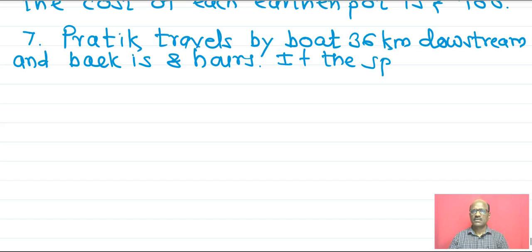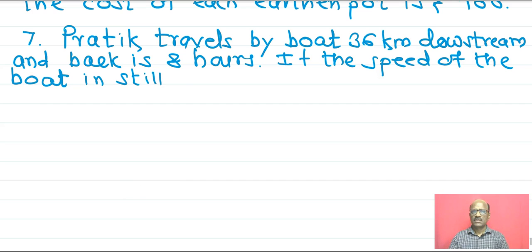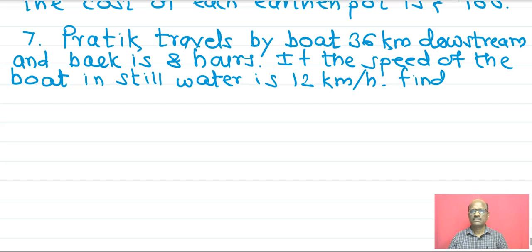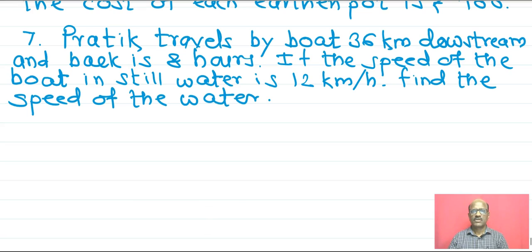If the speed of the boat in still water is 12 km per hour, find the speed of the water current.